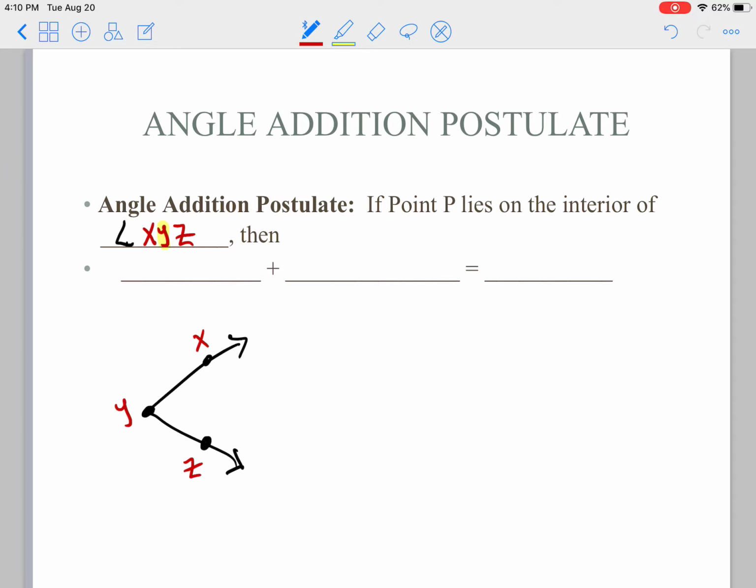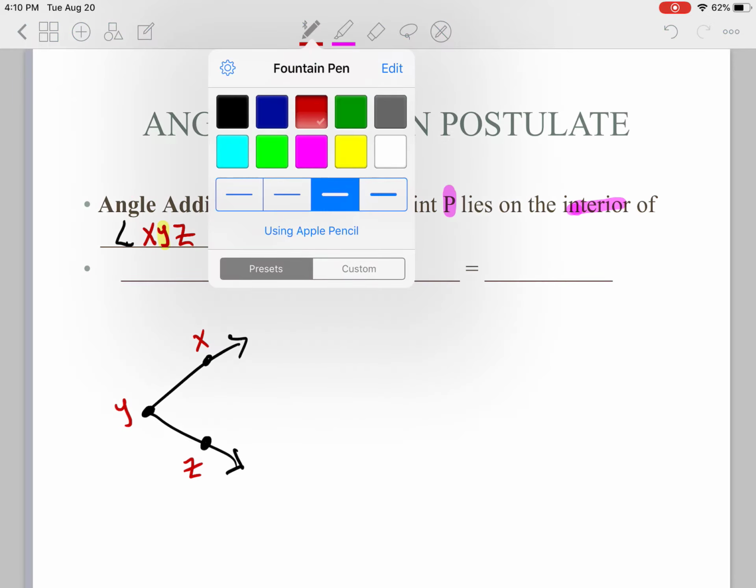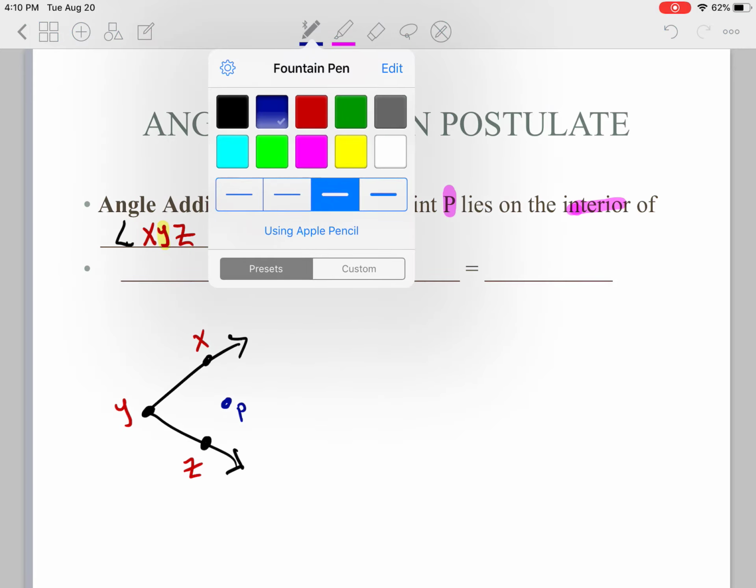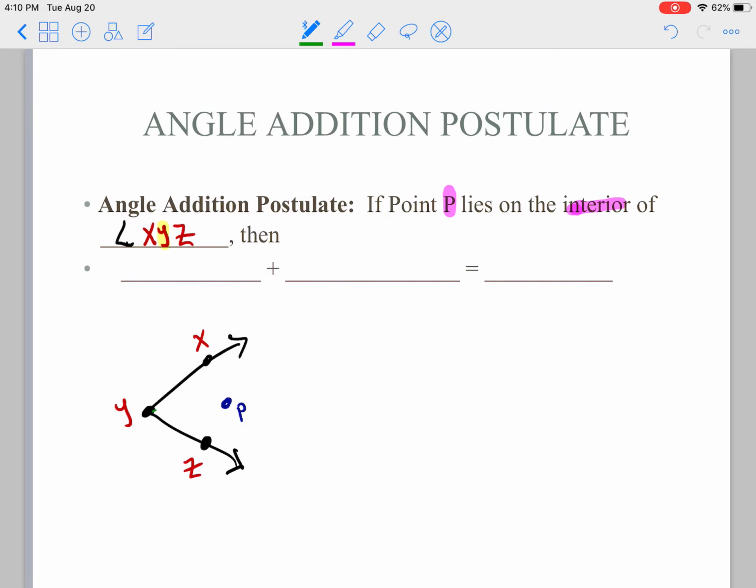And then it says I have to have point P. Point P. And point P is on the interior. Well, remember, the interior is inside of the angle. Well, what I can do is I can draw another ray, okay? Now I'm going to make it a solid line. I can draw another ray through that point, and now I can write the angle addition postulate.